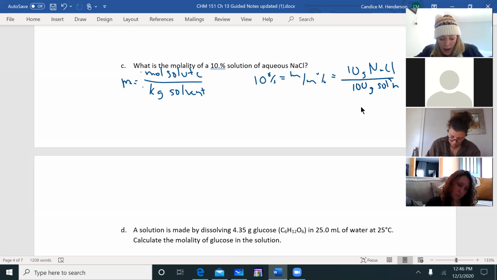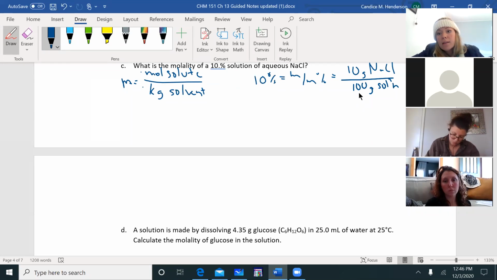So if I know that I have a total of 100 grams of solution and 10 grams of it are NaCl, well then I know that the other 90 grams are going to be water. I can actually go in reverse and break this up.